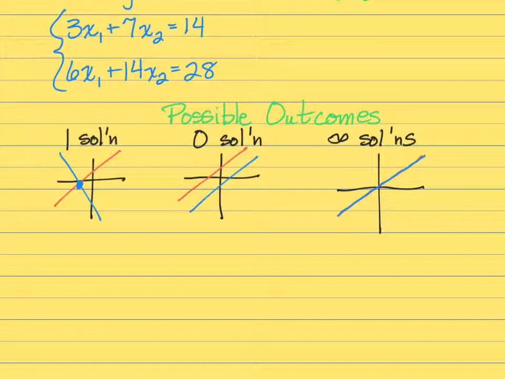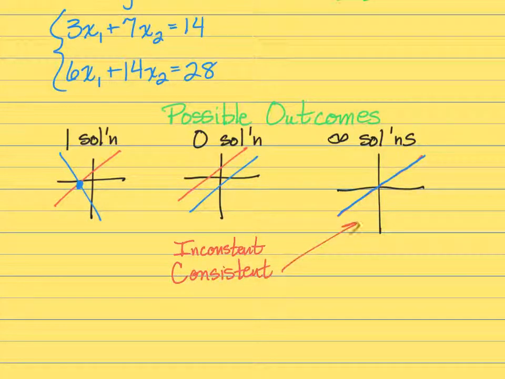Now, to go along with this, we have some terminology. These systems that have solutions, well, let's start with the one that doesn't, the 0 solution case. That is a situation where we have what we call an inconsistent system. These other two, we'll put it down here, are consistent systems.